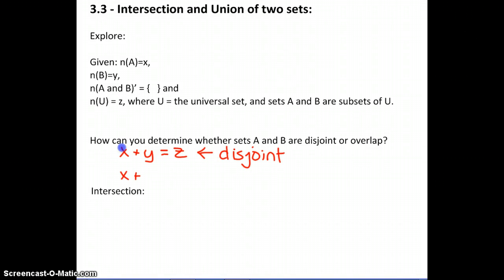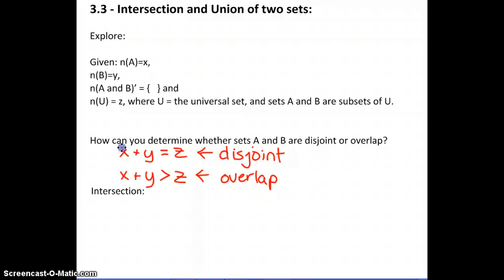However, if X and Y added together is greater than Z, that means there would be some overlap. We talked about that in our class example, where there were about 22 total outcomes because some of you had both classes and a part-time job. So that was accounted for in the overlap.